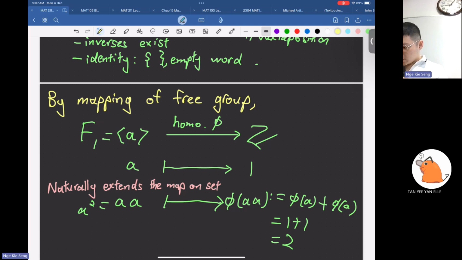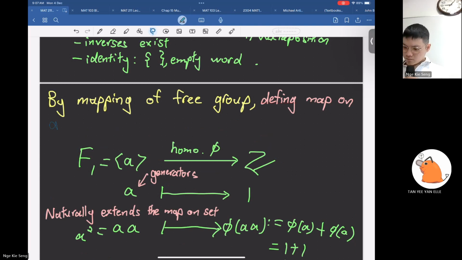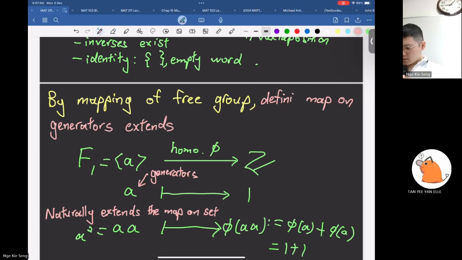A is your generator here. So you need to define maps on generators. Defining a map on generators extends to a homomorphism.